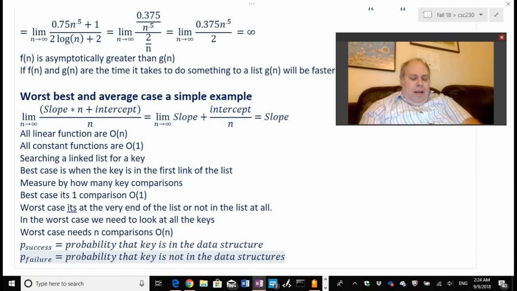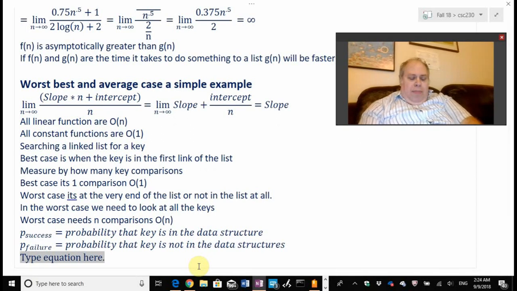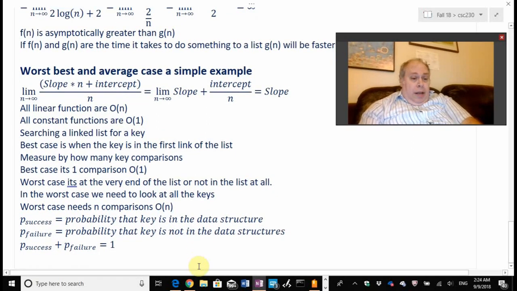Now, since everything happens, since you'll either succeed or fail with a probability of 1, P of success, and you never do both at the same time, plus P of failure equals 1. So what we need is something like a weighted average now.